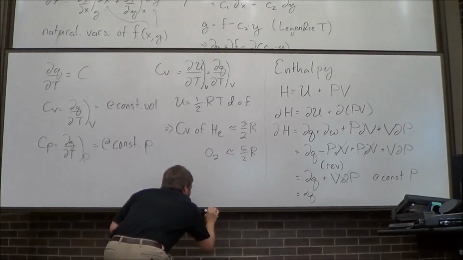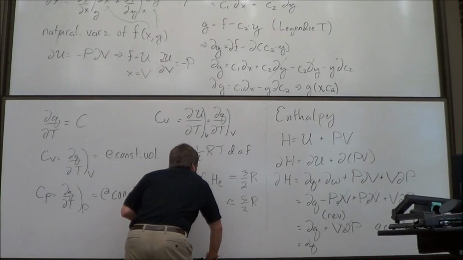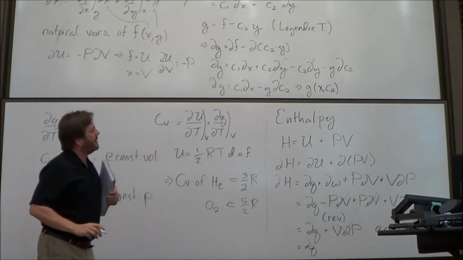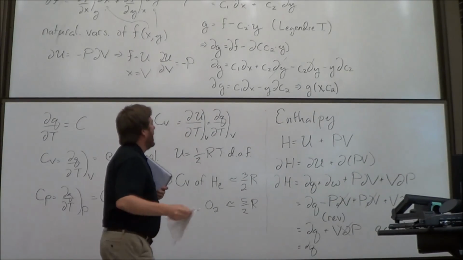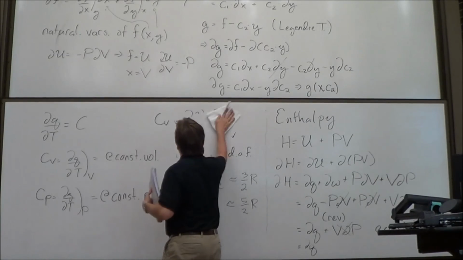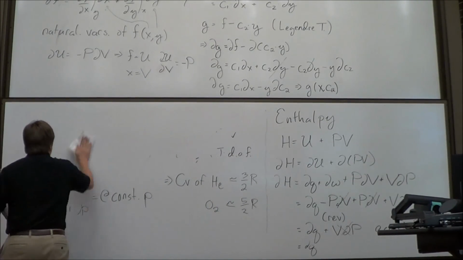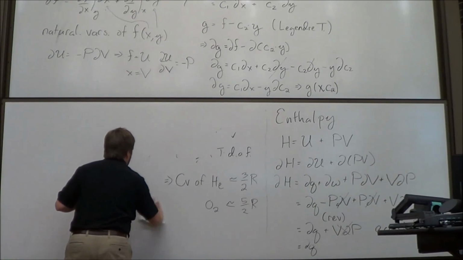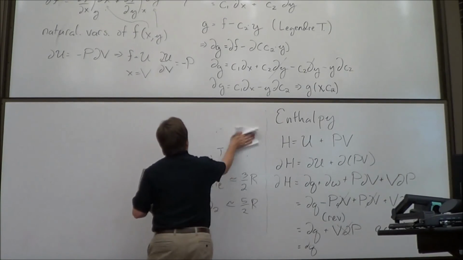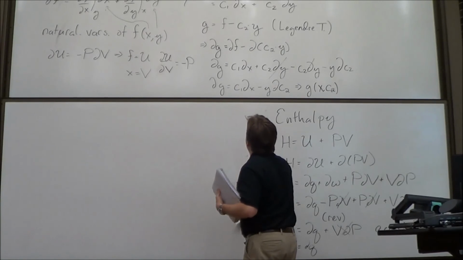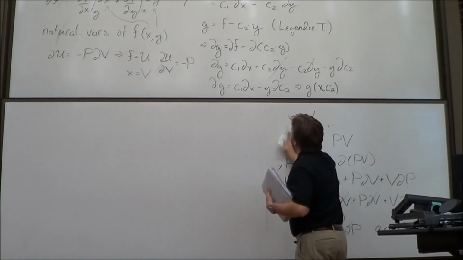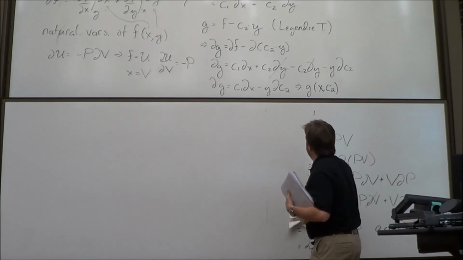So, yeah, there you go. What Legendre transforms do is they take a function that has natural variables of X and Y, and switch one of them out. You can technically switch two of them out, but I'm just doing one at a time. I can switch two of them out by taking F and subtracting C2Y and subtracting C1X as well.